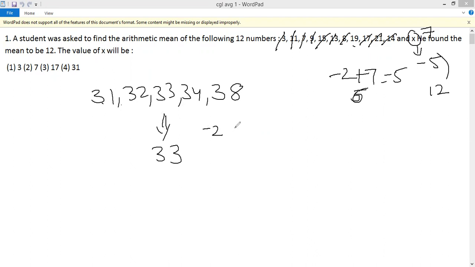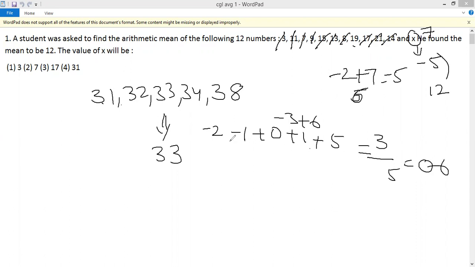Minus 2, minus 1, plus 0, plus 1, plus 5. What is the sum? Minus 3, 6. Sum is 3. 3 by how many numbers? This was shared by all these numbers. 3 by 5 equal to 0.6. You have to add this 0.6. Right?